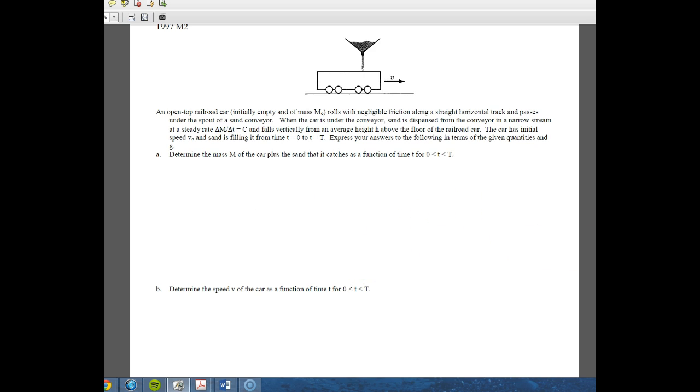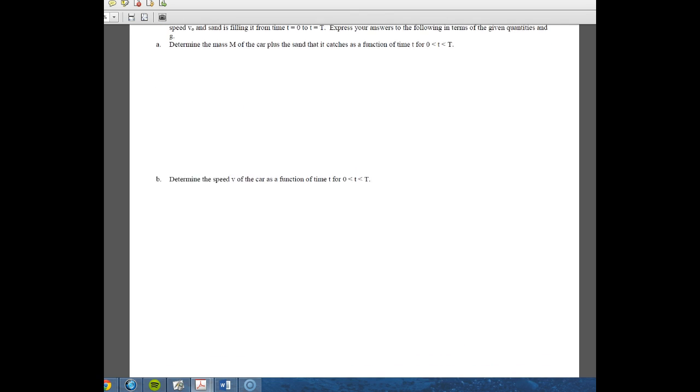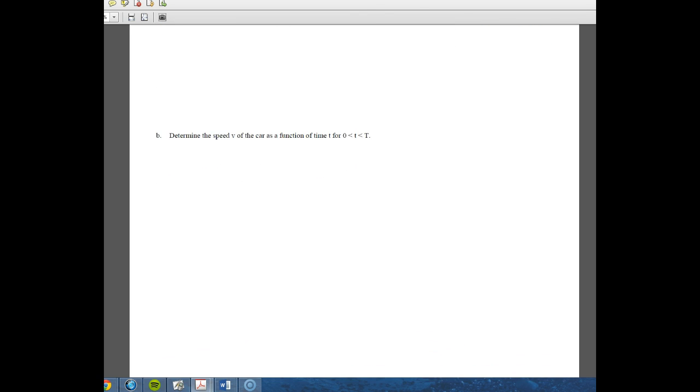For the second part, they want us to determine the speed of the car as a function of time, going from 0 to little t to that capital T itself. So for this one, we're going to use the conservation of momentum. We know that the original mass times that original velocity is equal to the final mass times the final velocity.